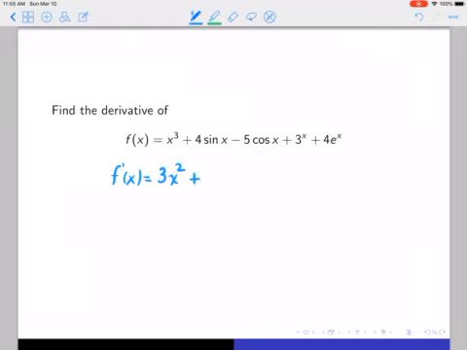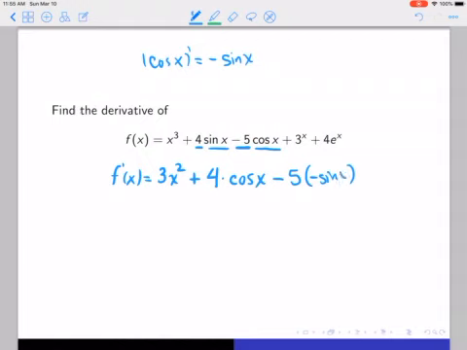Well, I see I have a constant 4 times sine of x, so the derivative is going to be 4 times the derivative of sine of x, so that's 4 times cosine of x. And then, same thing here, we have a minus 5 times cosine, so our answer is going to be minus 5 times the derivative of cosine. And what was that? Let's remind ourselves, the derivative of cosine is minus sine.